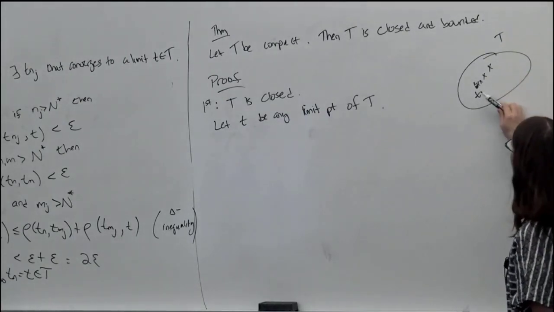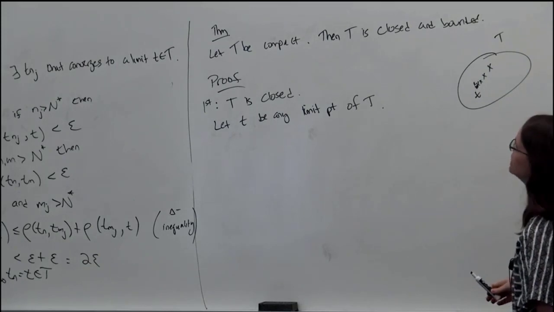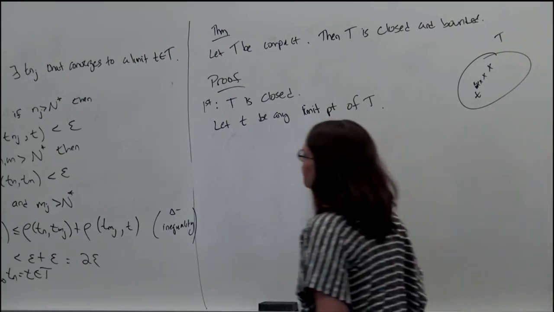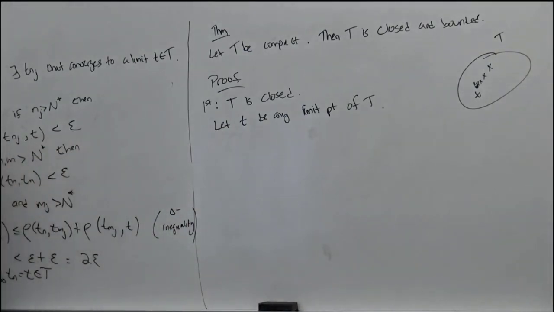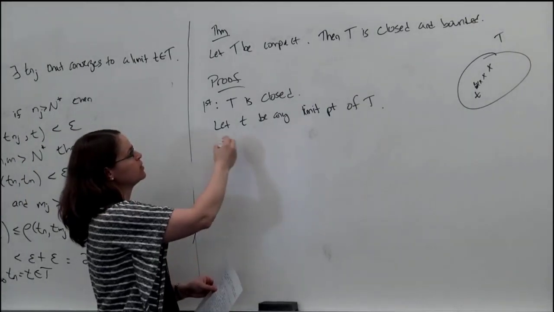Well, if we have a sequence that converges somewhere, we're going to be able to argue that it's a Cauchy sequence then. And if it's a Cauchy sequence, then we know its limit stays in our original set. So we can build a neighborhood.